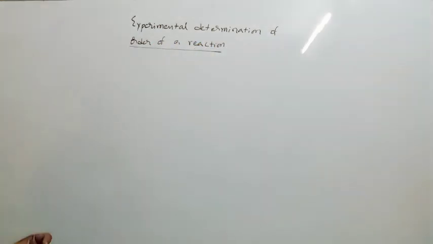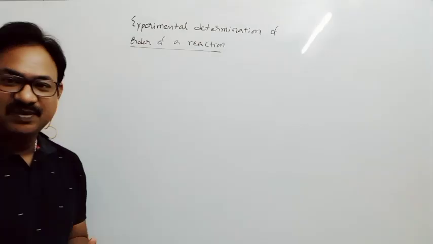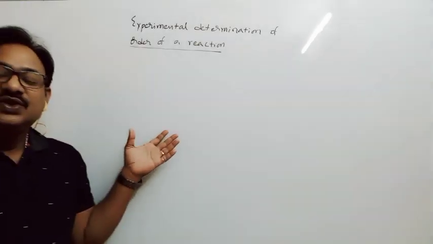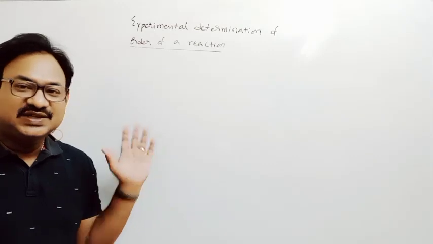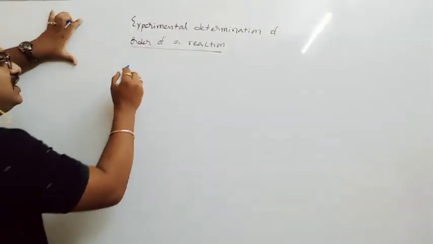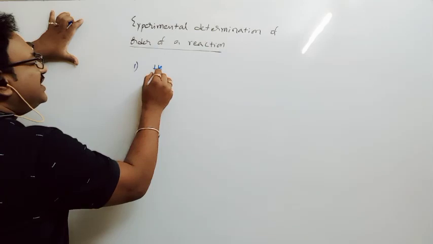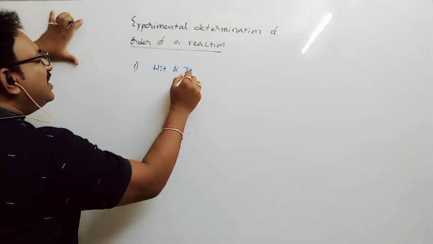How can you derive the order experimentally? So we can use several methods to determine the order of a reaction experimentally. Okay, my first and important one is the hit and trial method.